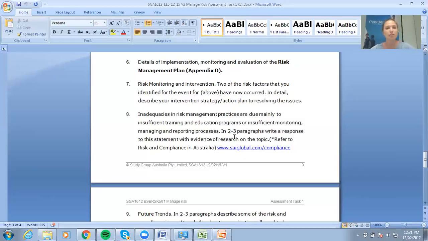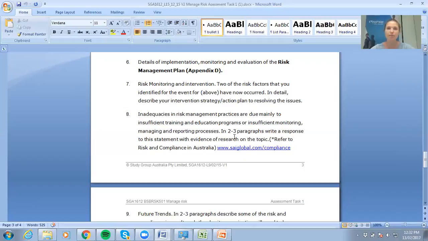Okay, and that would really ensure that you would have an action plan put in place for multiple risks that would occur, and making sure you deliver that training to your volunteers and staff members prior to the event happening. Another reason that you can talk about within your answer here is a lot of people don't take risk management seriously.